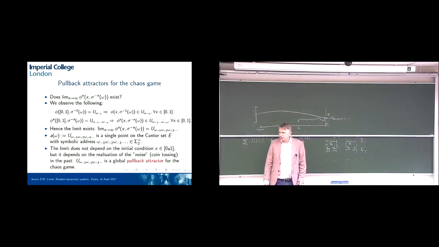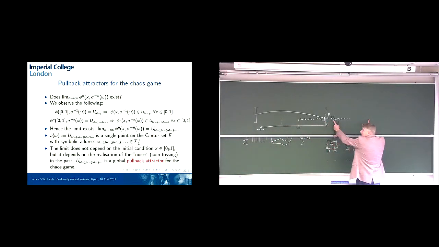With the address. So if I know only some parts of the address, I also know something, namely that it's in a subset. And if I then know more symbols, then I know it's in a smaller subset. Okay. So it's important here that this doesn't depend on initial conditions, just because the special setup of the system is very uniform.